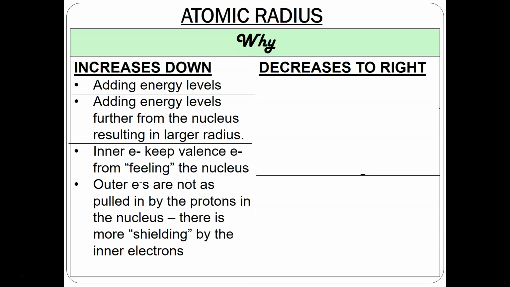There's an electrostatic attraction. And if you keep adding more energy levels, more shells of electrons, what's going to start happening is the inside electrons are going to start acting like a shield, like a buffer. They're going to kind of dampen and hide and lower the attraction between the nucleus and the valence outside electrons.